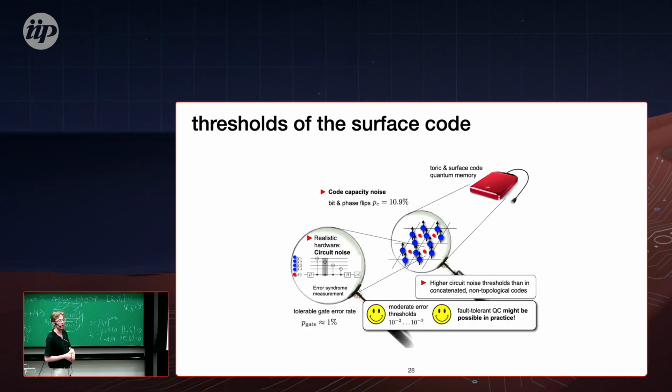If we allow for more noise anywhere else, this threshold will go down to approximately 1%.